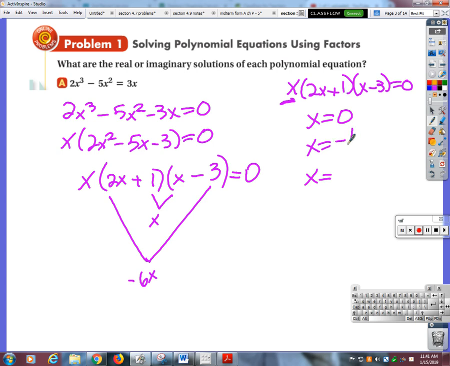Negative 1/2, yeah. Because if I write this out, 2x plus 1 equals 0, how would you solve that for x? You would subtract 1 from both sides, and then divide by 2, so you would get x equals negative 1/2, okay? And then what does this equal? 3.